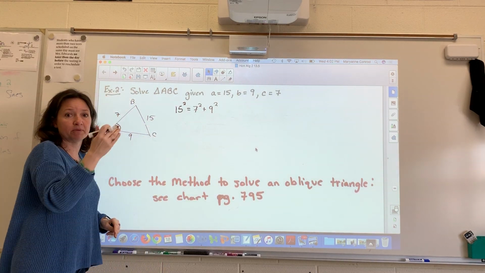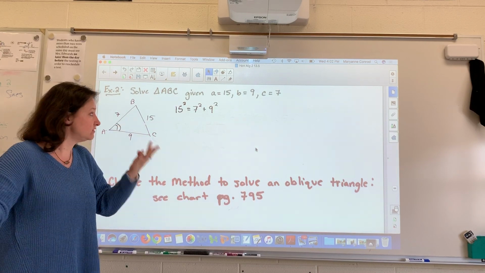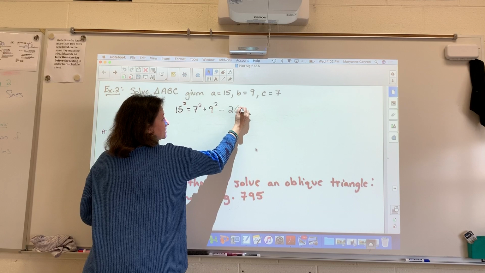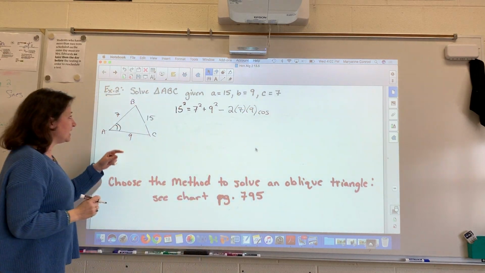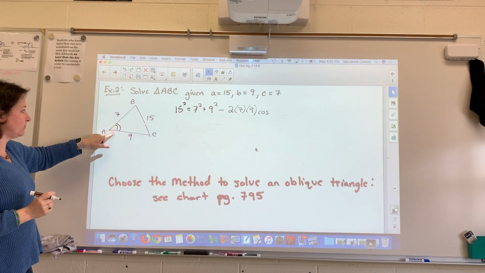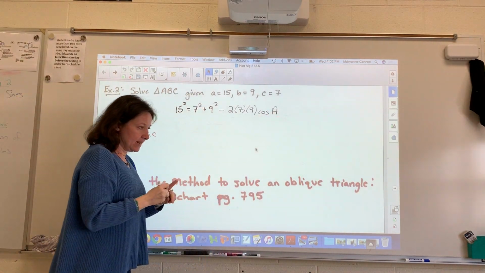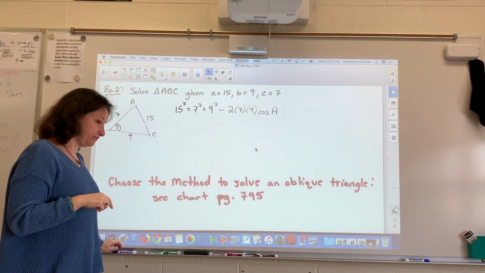If you did 9 squared plus 7 squared, addition is commutative, so the order doesn't matter. So minus, don't forget your 2, times 7 times 9, cosine of the angle that's across from 15, which is what we don't know. So angle A.